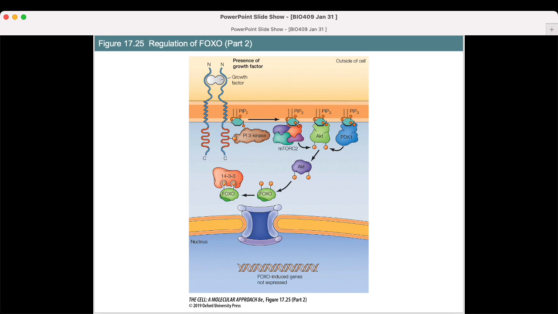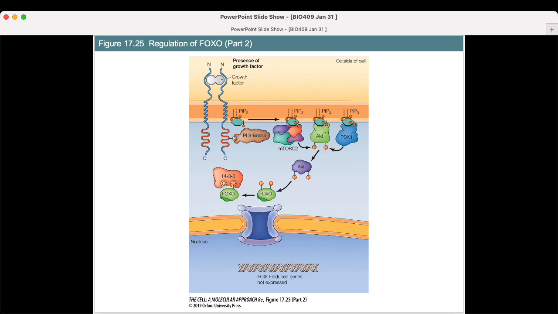In the case of FOXO, I don't know if FOXO really has a teeter-totter like shift, like mouth closed, mouth open, so much as if it's just those two phosphates help create the tag for 14-3-3 to bind. Maybe, I don't know, but you can see that it looks like all you need to do is phosphorylate FOXO, and it gets to be a tag where 14-3-3 binds.